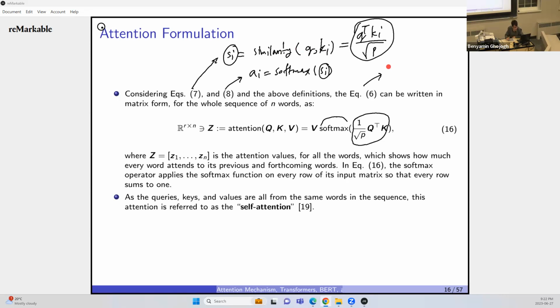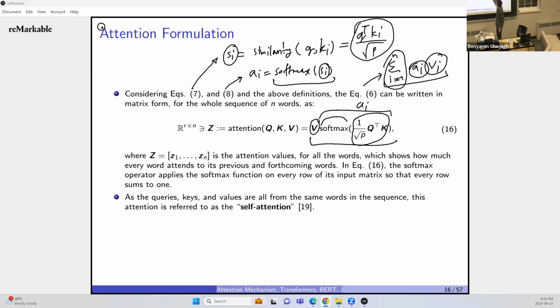Attention was the summation of a linear combination of the values, a_i v_i. Where did this summation go? Because I'm writing it in matrix format, and multiplication in a matrix sums them. So the summation was absorbed in the matrix multiplication, and this gives me equation 16 in matrix format.